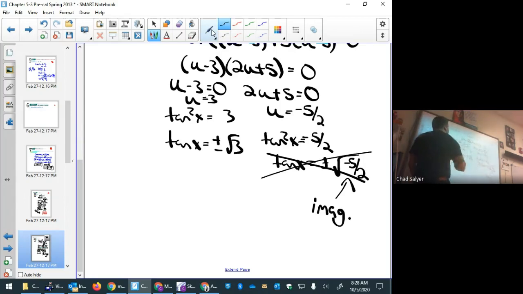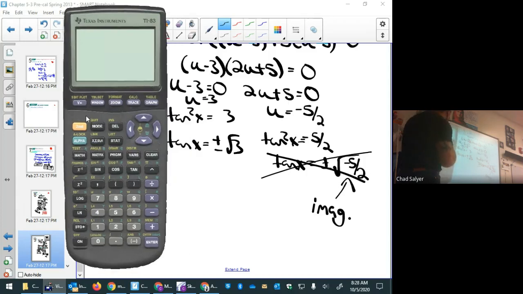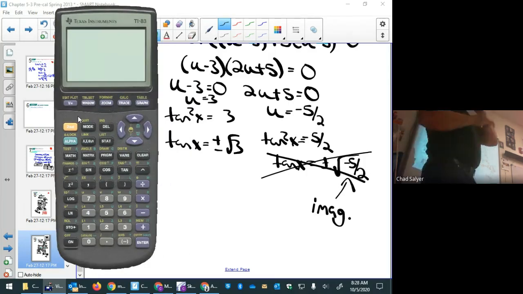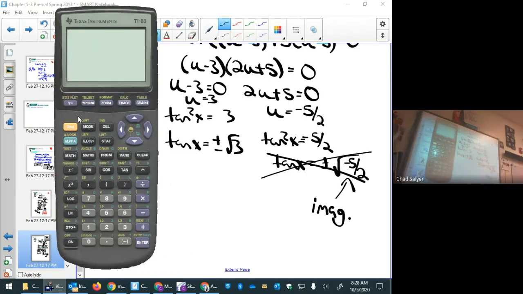Now over here, I do have to consider the tangent inverse, and we have to use that because you remember the tangent is not on the unit circle. You could go around and calculate every single value of tangent, and if you're really good at the unit circle, you probably could figure it out mentally.